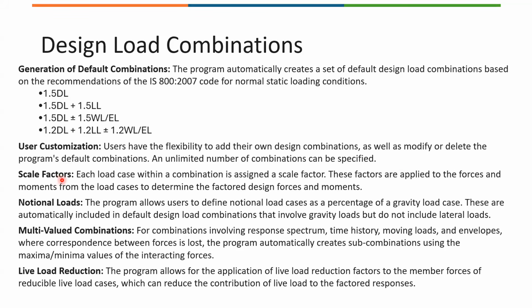So you can define your combination using the scale factor specified. If it is program generated, then these factors are automatically incorporated based on the code selected. Then you can also involve notional loads, multi-valued combinations like advanced analysis, response spectrum analysis, time history, etc., envelope or multi-step results. The program can handle all of these.